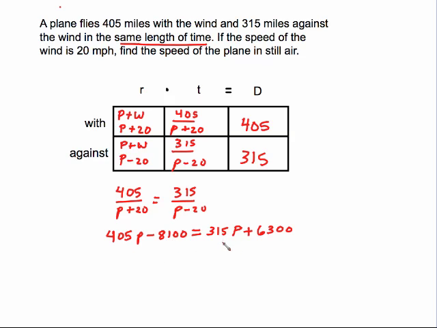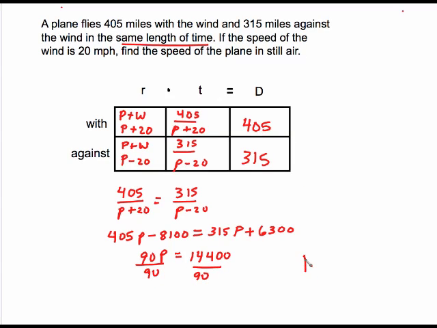So subtract 315p from both sides gives you 90p. Add 8,100 to both sides gives you 14,400. Divide both sides by 90. And this will give us our p, which is the speed of the plane in still air, of 160 miles per hour.